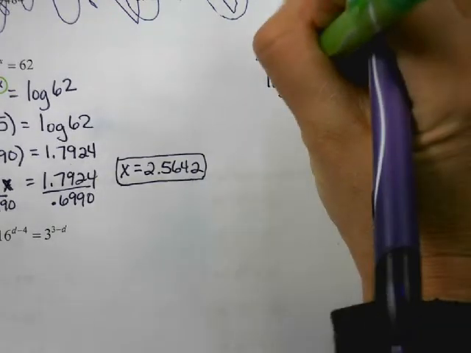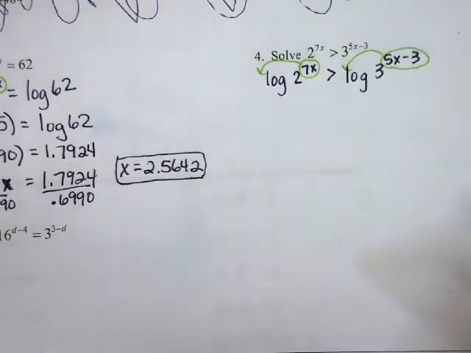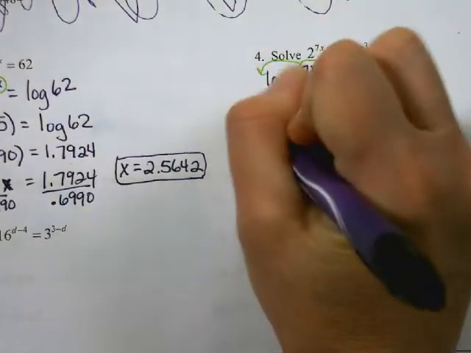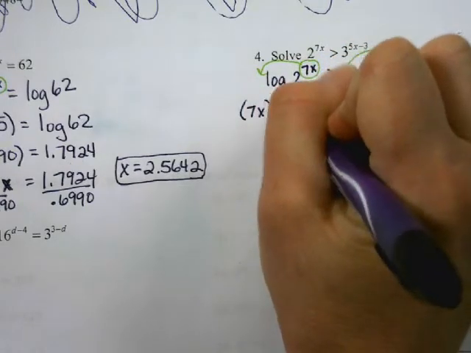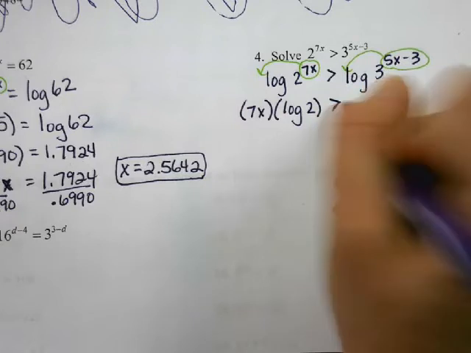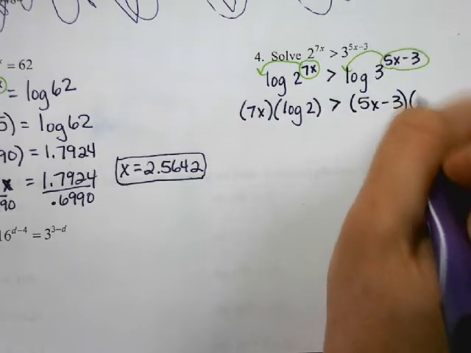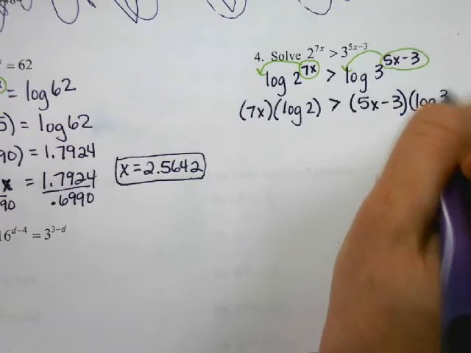There's exponents. They come on down out front. So 7x times the log of 2 is greater than 5x minus 3 times the log of 3.